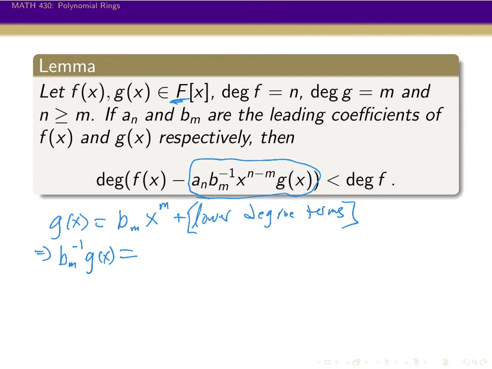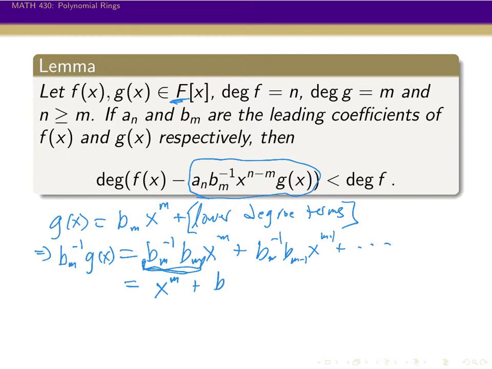And so then this is going to multiply this to each of the coefficients, plus b sub m minus 1 plus the other terms. And in particular here, these two are going to cancel off to give us a new leading coefficient of 1.